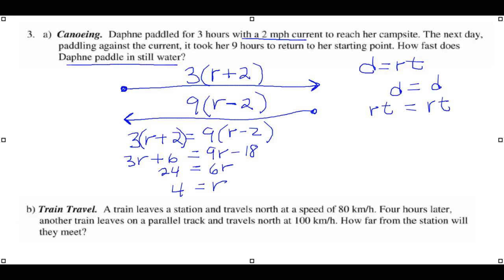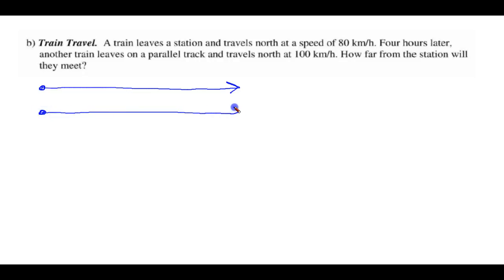All right. Now our next example, again, we're going to use distance. So let's help you set it up a little bit here. We have a train that's going to go this amount of distance. This other train's going faster and then eventually catches up.